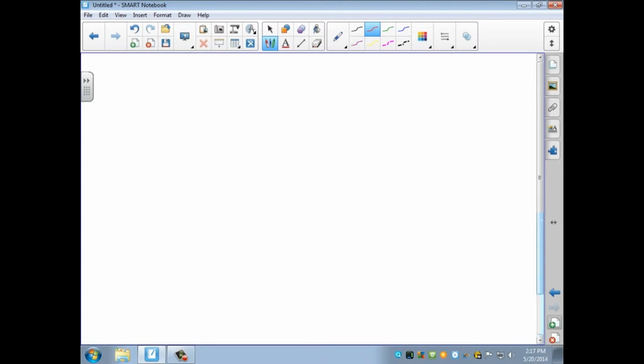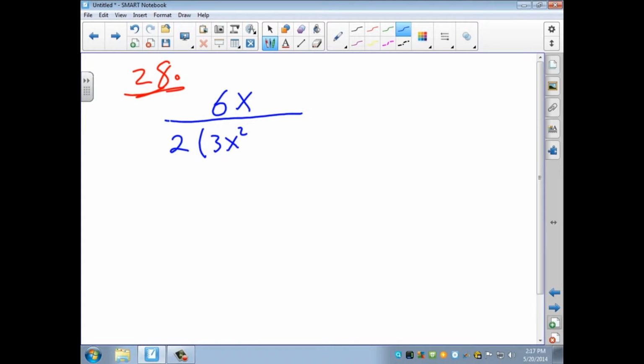Another problem, problem 28. It says 6h divided by 3h squared plus 2, plus 1 over 4 times h plus 2, equal.